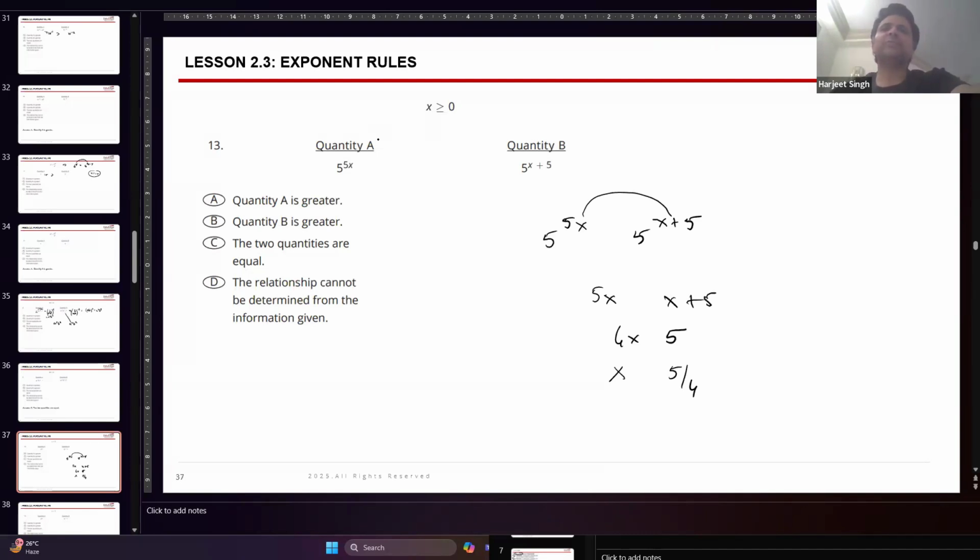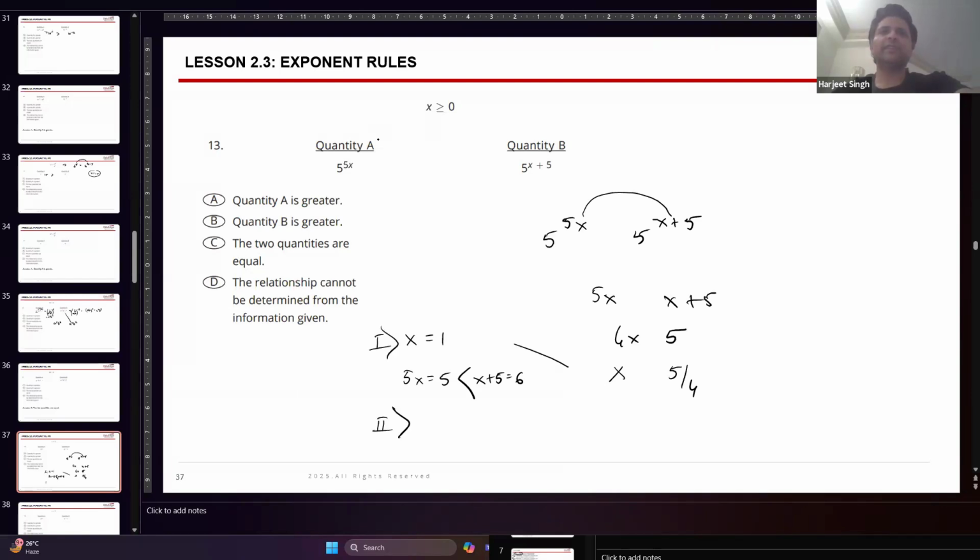So can I say value below 5 by 4 will give you a different answer, and above 5 by 4 will give you a different answer. So scenario 1, x equal to 1. So 5x will be equal to 5 and x plus 5 will be equal to 6. So can I say this is greater?